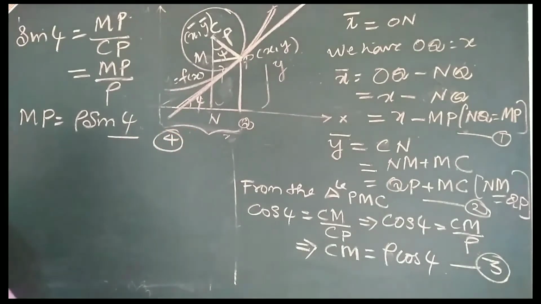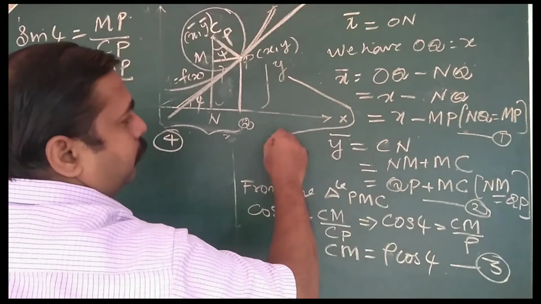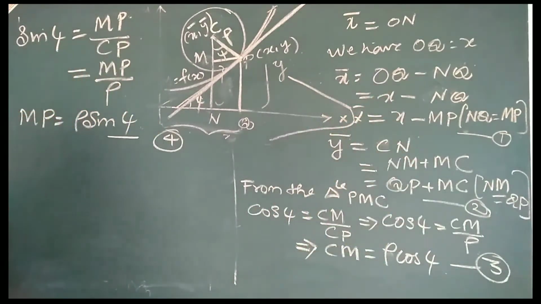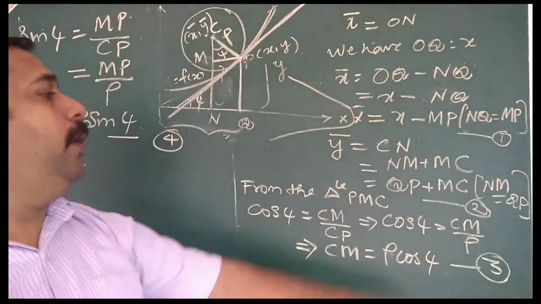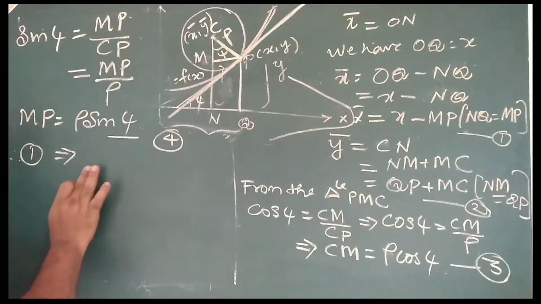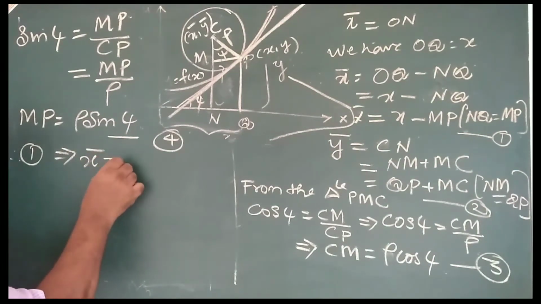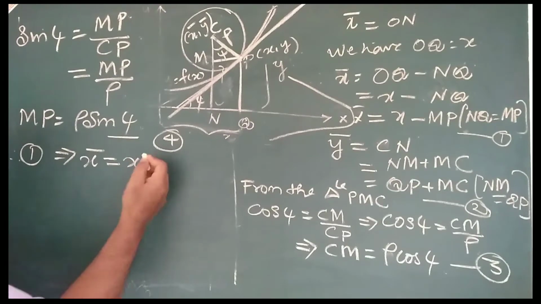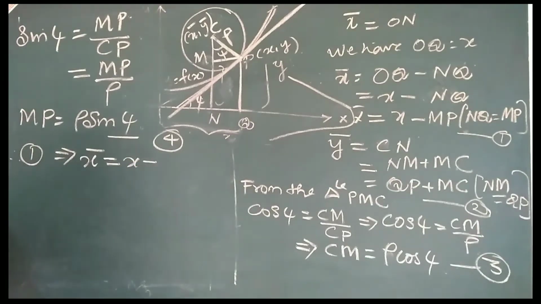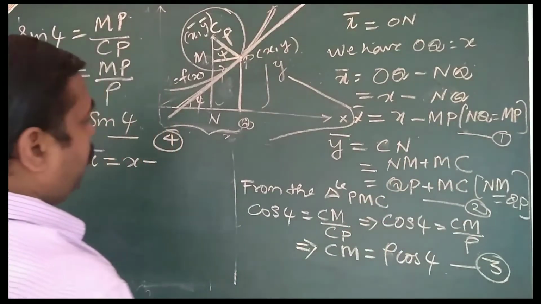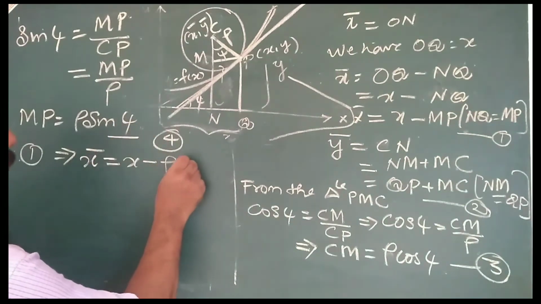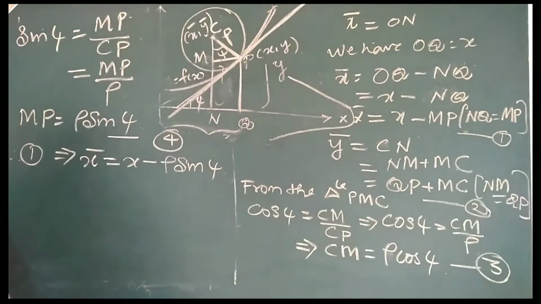Therefore, from 1, x bar is equal to x minus MP. So MP is equal to rho sin psi.